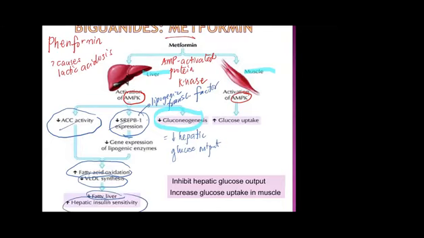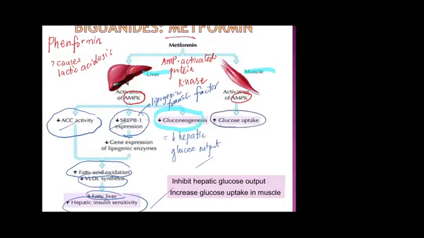So these are the effects in the liver. Decreased hepatic glucose output and increased hepatic insulin sensitivity. O doon naman tayo sa effect ng metformin sa muscle. Ang effect ng metformin sa muscle ay enhanced glucose uptake.